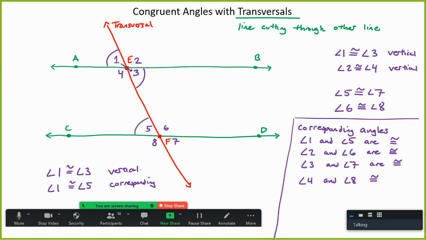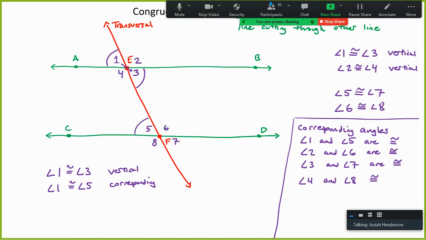So therefore, we can substitute now. 1 can switch out with 1, so 3 is congruent to 1, and 5 is congruent to 1. So that means angle 3 is congruent to angle 5 through substitution. We substituted the two congruencies above into each other like we can with two equations.